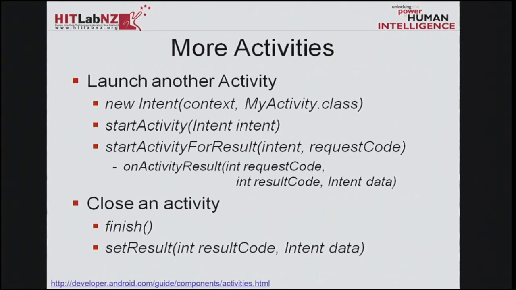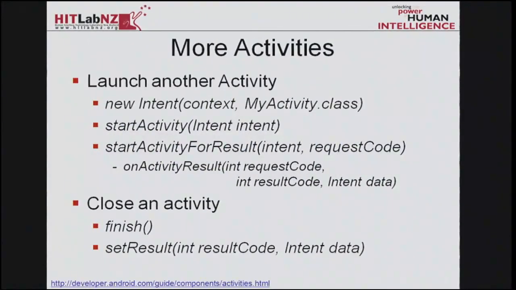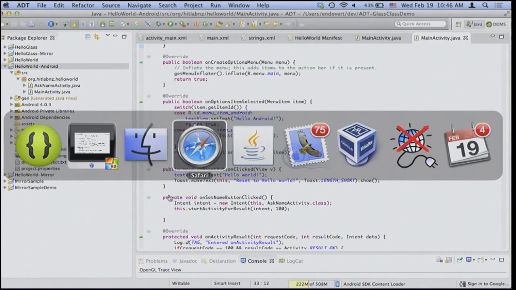So again, to briefly review what we've mentioned before, whenever we want to launch another activity, what we want to do is, I'll demo it first and then show you how the code works.